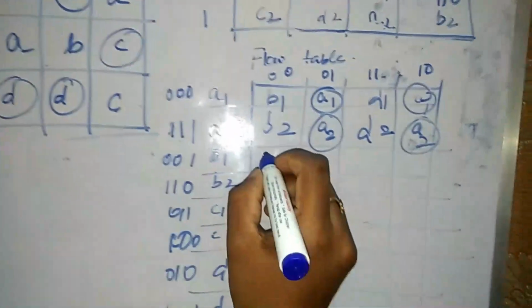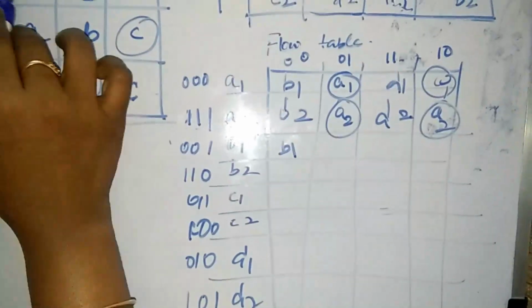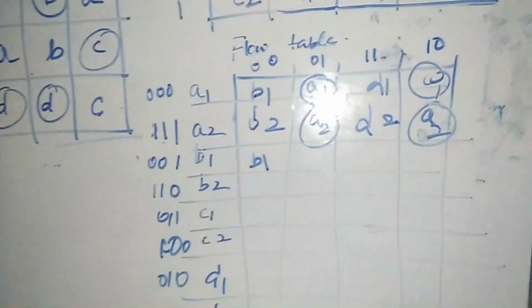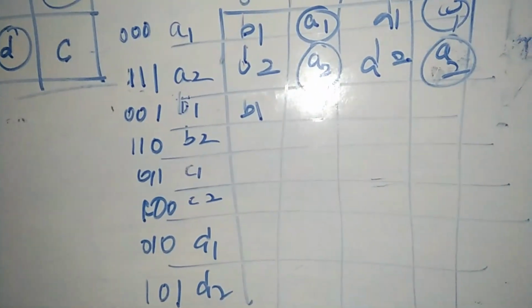Coming back to B1, for B1 it is the same state B1 itself. For B to D, we saw that there was a transition, right? From B to D, there was no transition, so I'll write this as D1 itself.